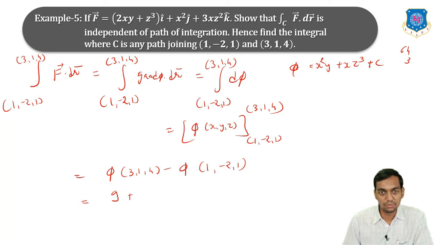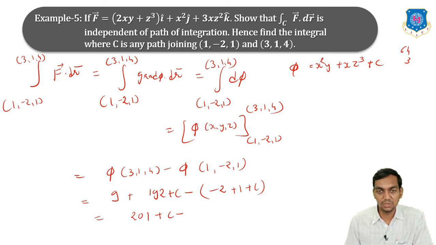So 192 plus c minus, now we are going to put the lower limit, 1, minus 2, 1, 1 square into minus 2, that will be minus 2, and 1 into 1, that will be 1 plus c. So you will get 201 plus c minus minus 2 plus 1 minus c, that is 201 plus c plus 2 minus 1 minus c. c will be cancelled out and the answer will be 202.